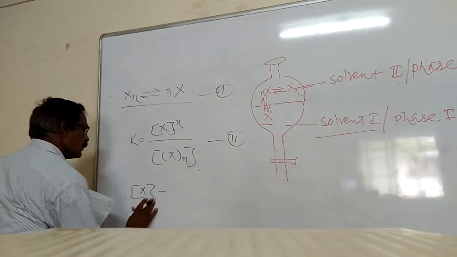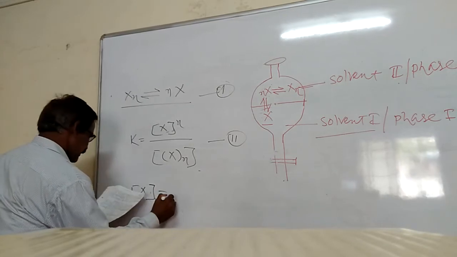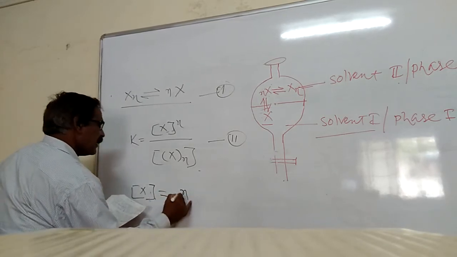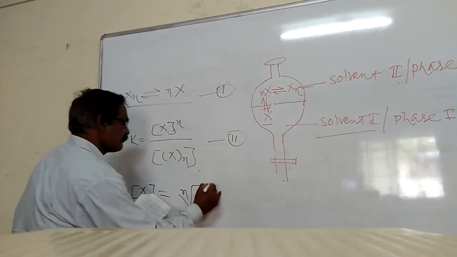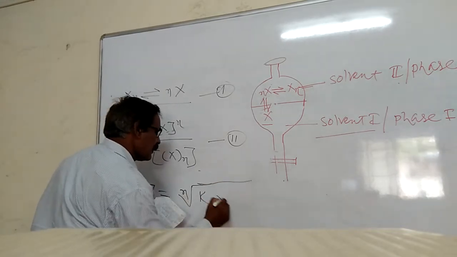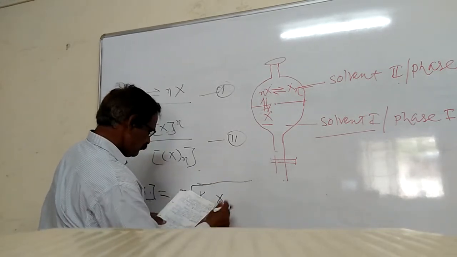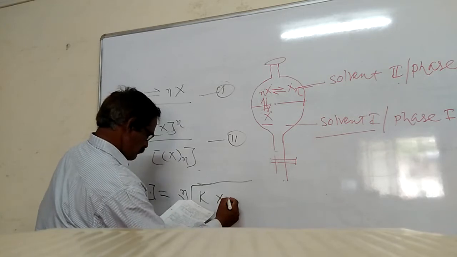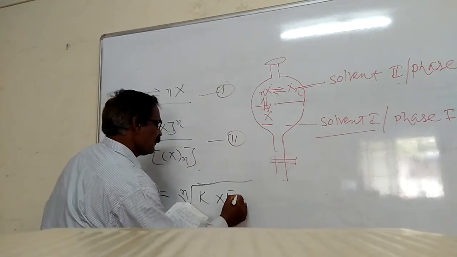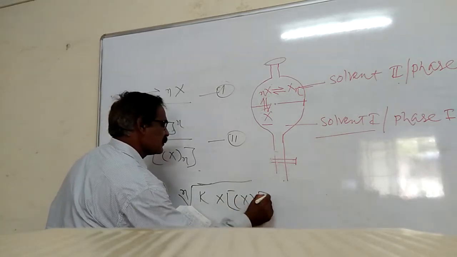X is equal to the nth root of K into the concentration of Xn.